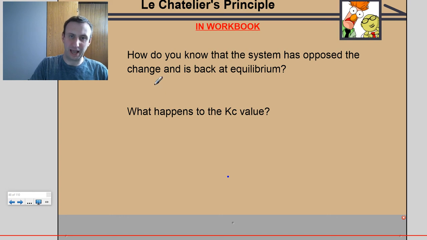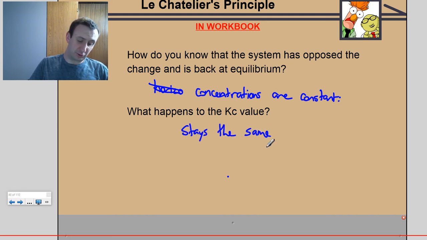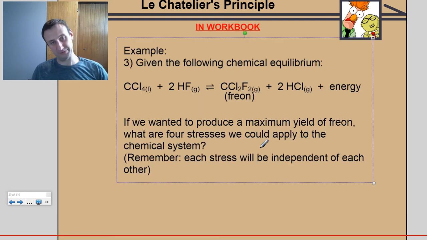So it would have horizontal concentrations, or let's just say concentrations are constant. What happens to the Kc value? It stays the same. The Kc value through all of this is not going to be changing, but staying constant as well.